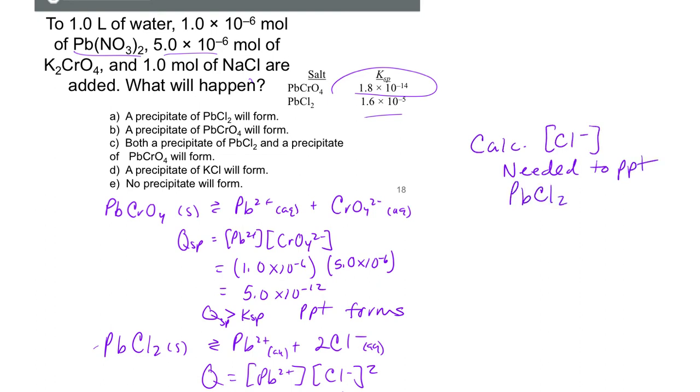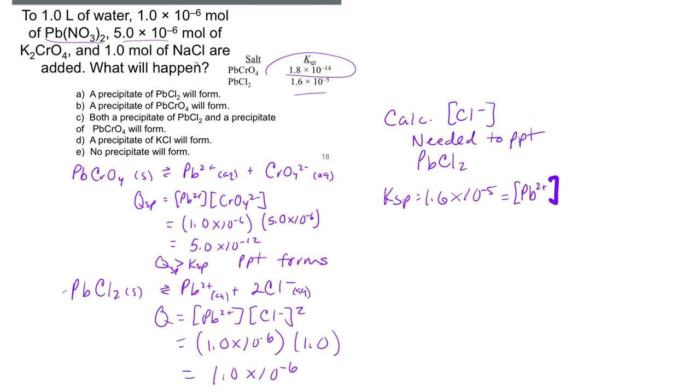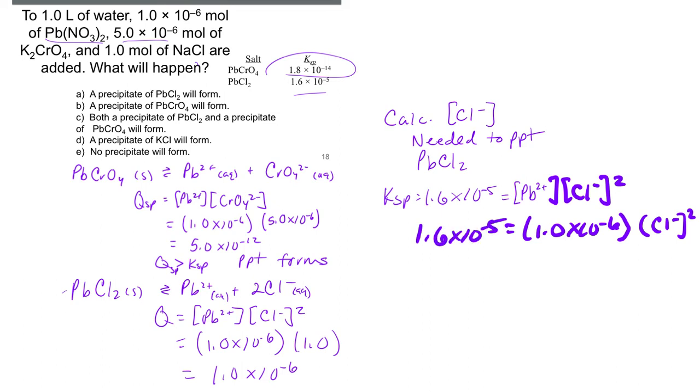And so we have our KSP, 1.6 times 10 to the minus 5, equal to the lead concentration times chloride squared. Our lead is 1 times 10 to the minus 6. Let's do this.